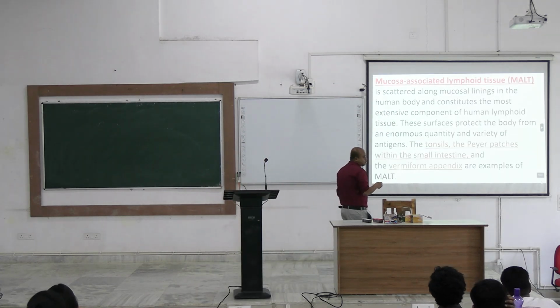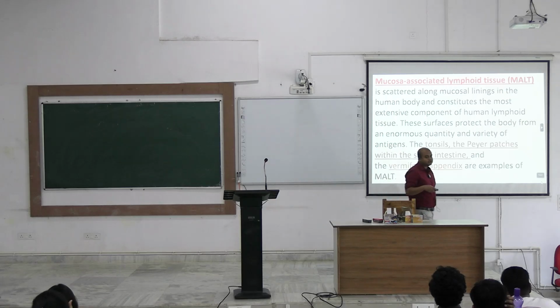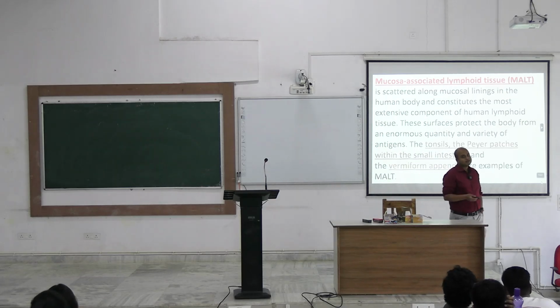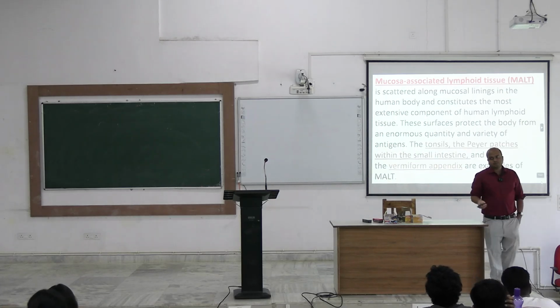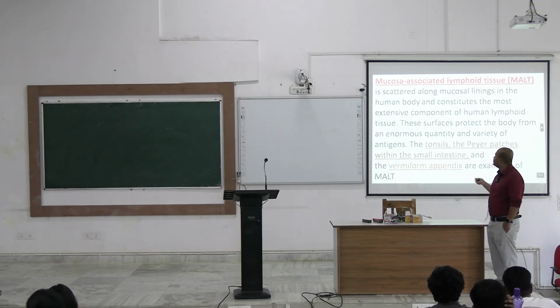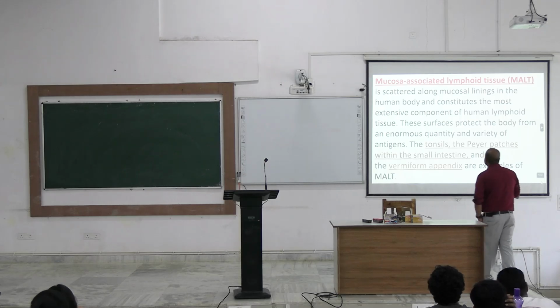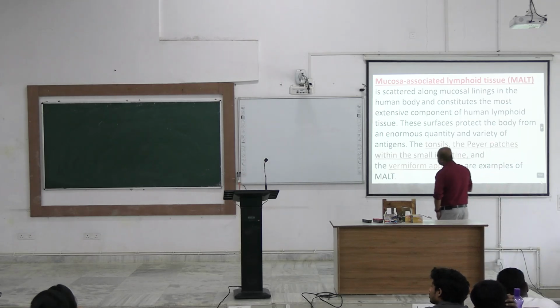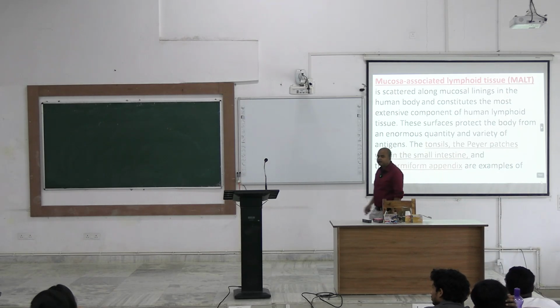Some tissues we were talking of are mucosa associated. Along the mucosal lining, some things you have to memorize; you can understand, but you have to know what they are. Mucosa associated lymphoid tissues: the tonsils, Peyer's patches, and even the appendix.